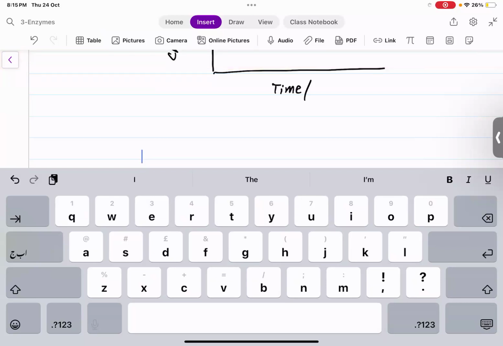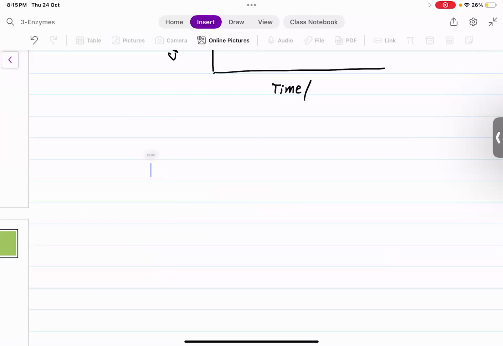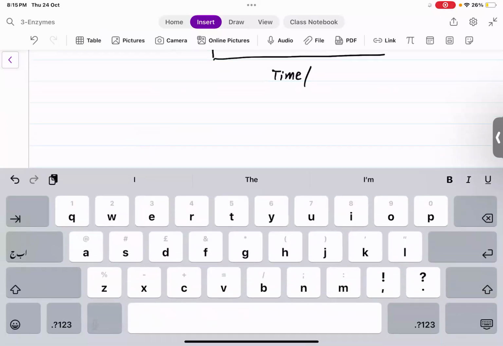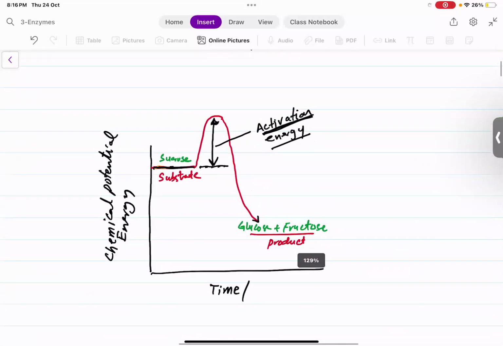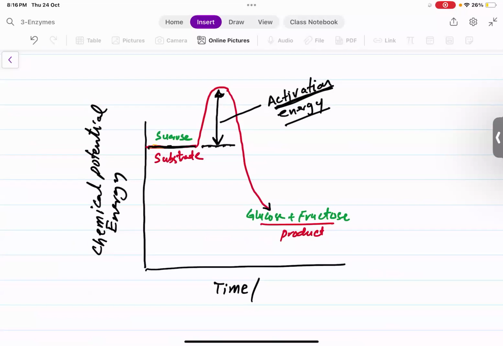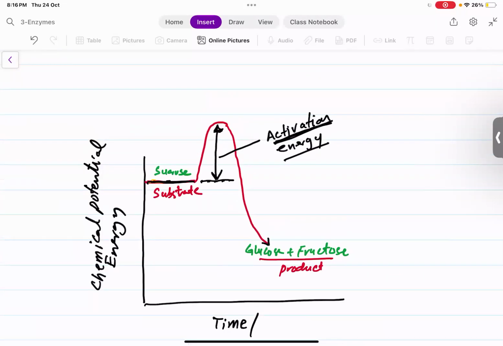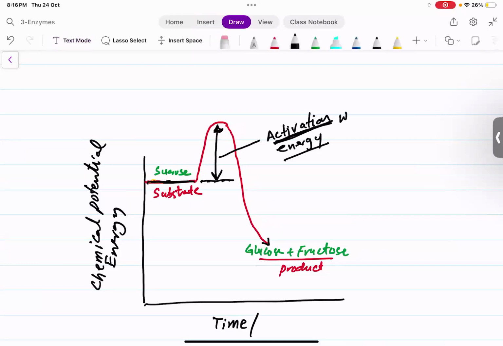But if we use enzymes instead, converting this substrate into the products without an enzyme involves this activation energy. If we repeat this experiment and want to break this sucrose into its products at a lower temperature, or maybe at room temperature, we can use some enzymes.